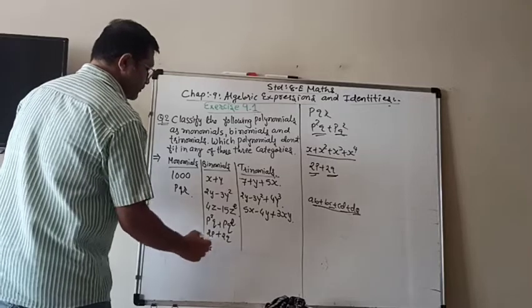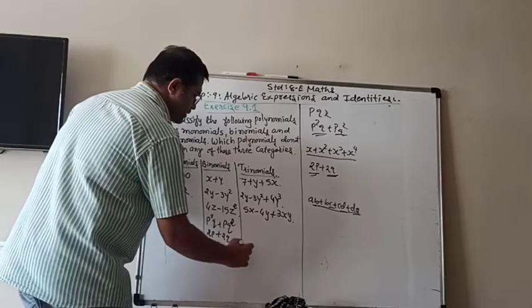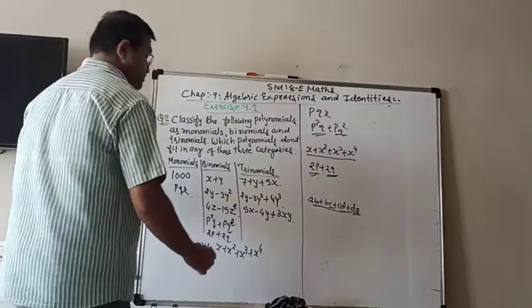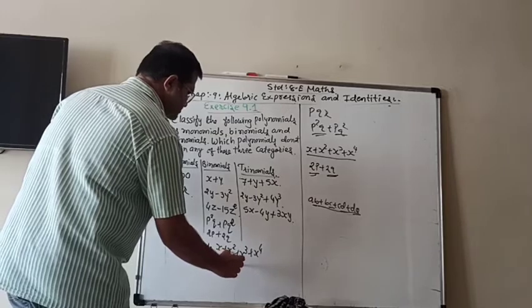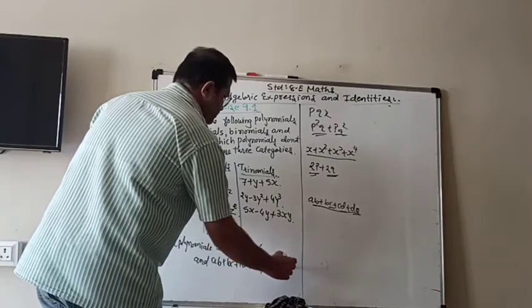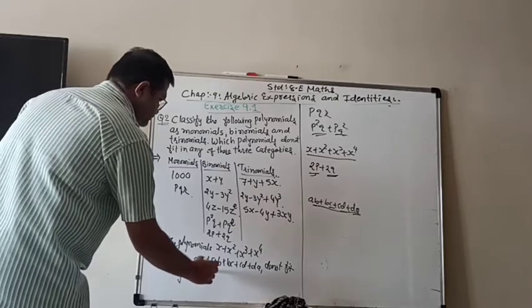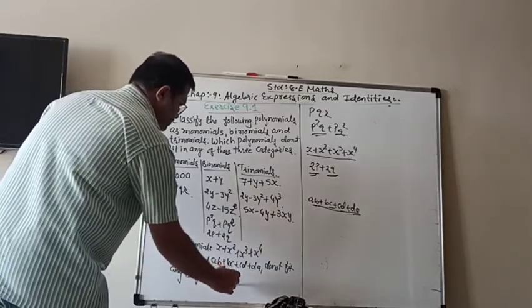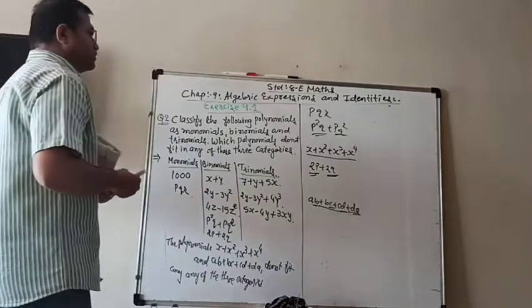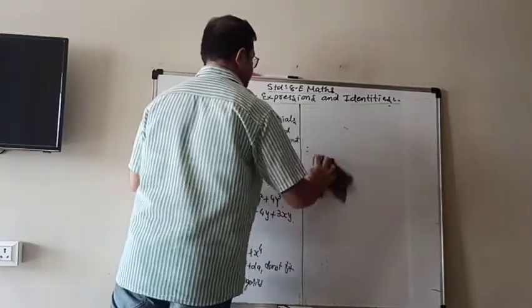The polynomials x plus x square plus x cube plus x raised to 4 and AB plus BC plus CD plus DA do not fit in any of the 3 categories, because they have 4 terms and we have knowledge only up to trinomials, meaning 3 terms.